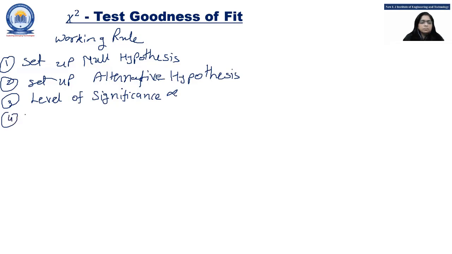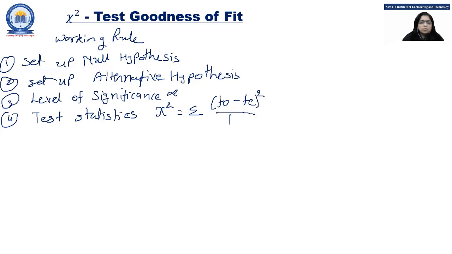Fourth one, test statistic, and that is chi-square, and the formula for chi-square is summation FO minus FE whole square upon FE.